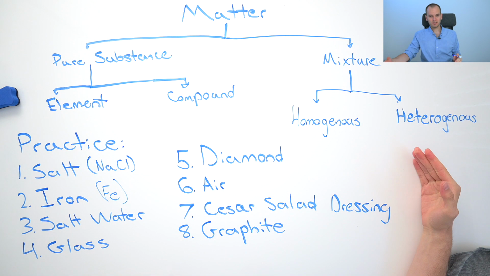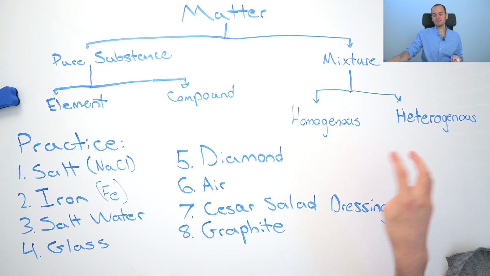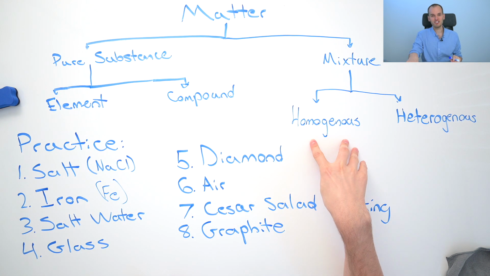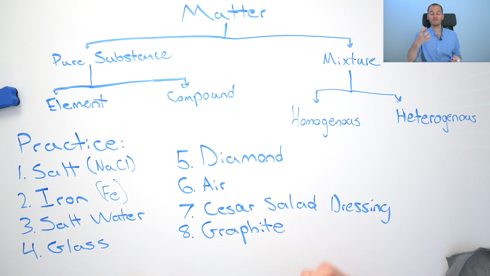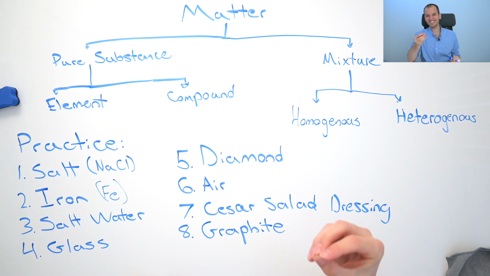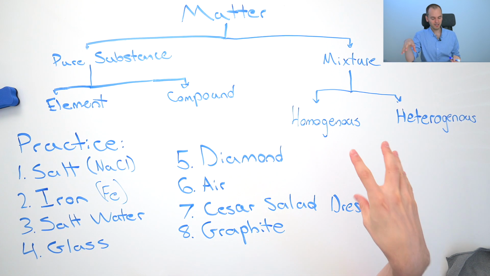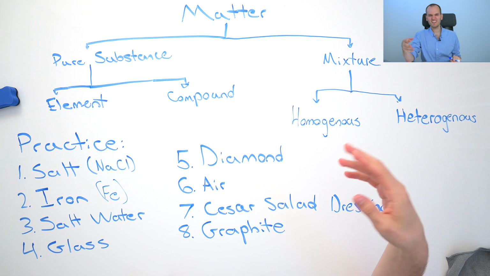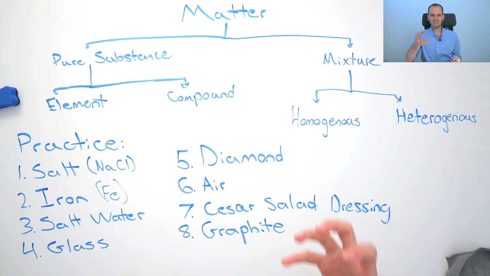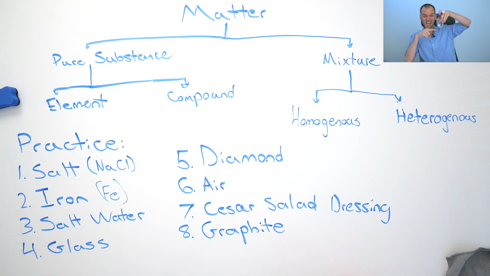Now, with most salt water, you cannot actually see the different components, so it would be a homogeneous mixture. Now, if there's so much salt in there that you can actually see the salt sitting in the glass or whatever, then yes, it could potentially be heterogeneous. But if it's just salt water like the sea, and you can't see anything other than just the water, so for instance, going back to our water example, this is actually tap water, so inside here there is actually some salts.